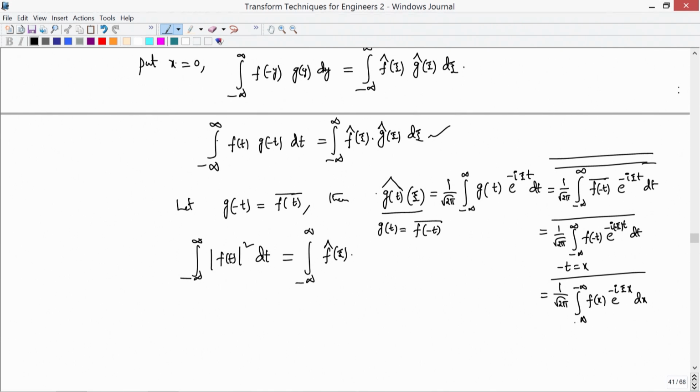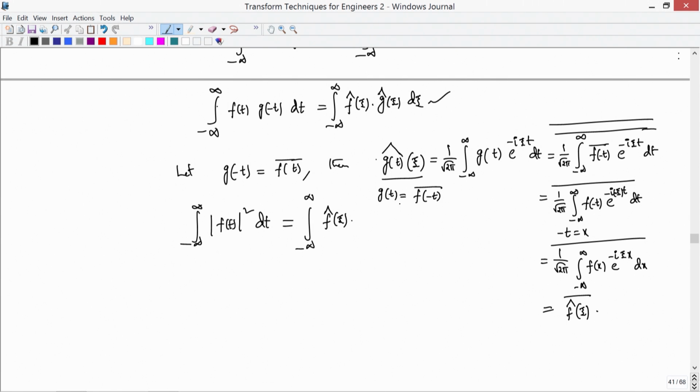So that makes it minus infinity to plus infinity. Okay. So, with bar, this is exactly equal to f cap of xi bar. So if I choose this, g of t is this. So f cap of g bar is exactly my g cap of xi.